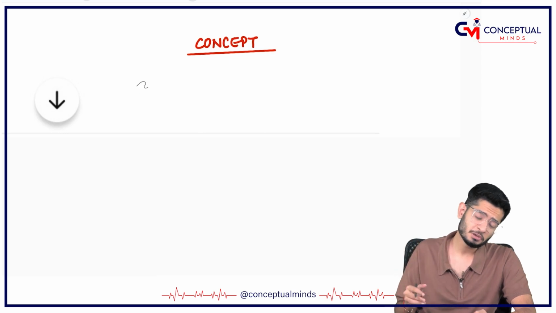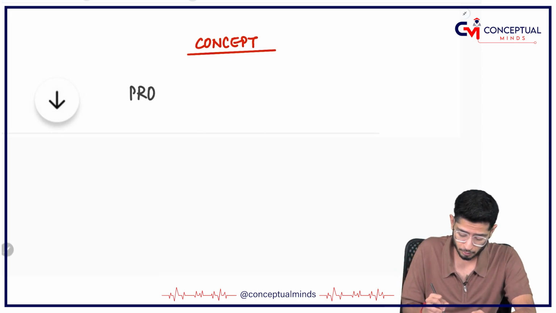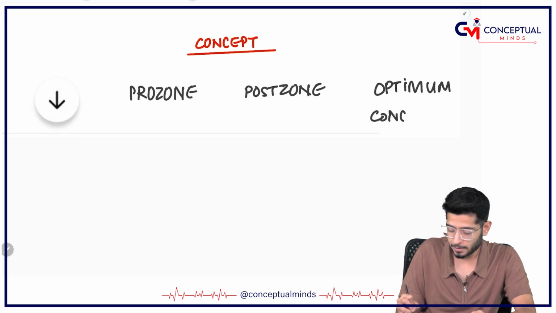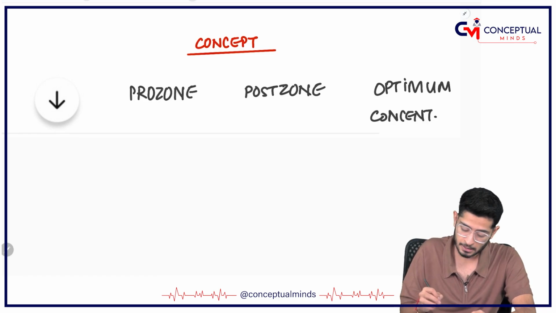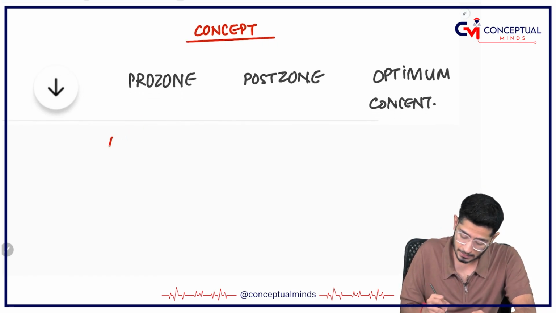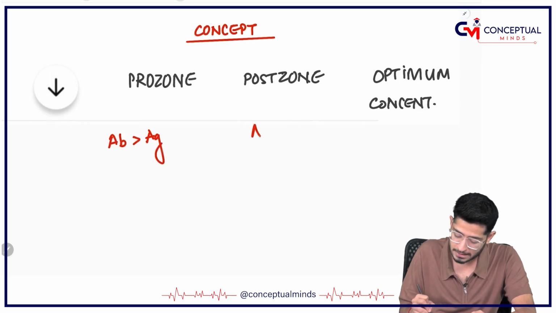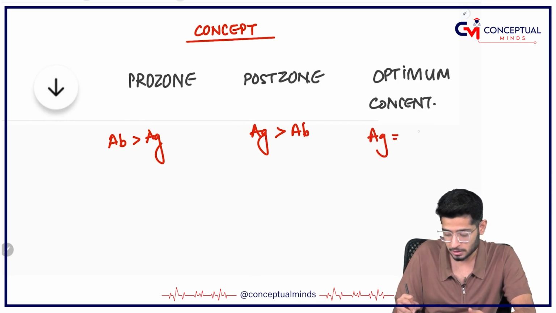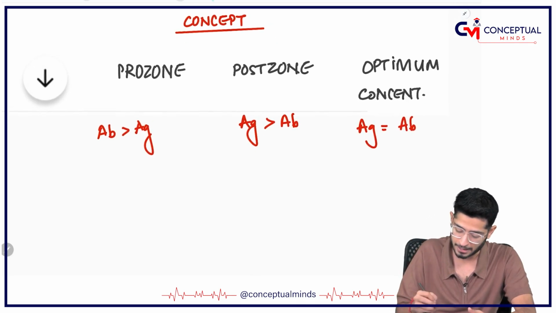Coming on to a very important concept: what is prozone, what is postzone, and what is the optimum concentration. So my dear children, please understand that prozone means antibody is more than the antigen, whereas postzone means the antigen is more than the antibody, and optimum concentration means antigen is equal to antibody.